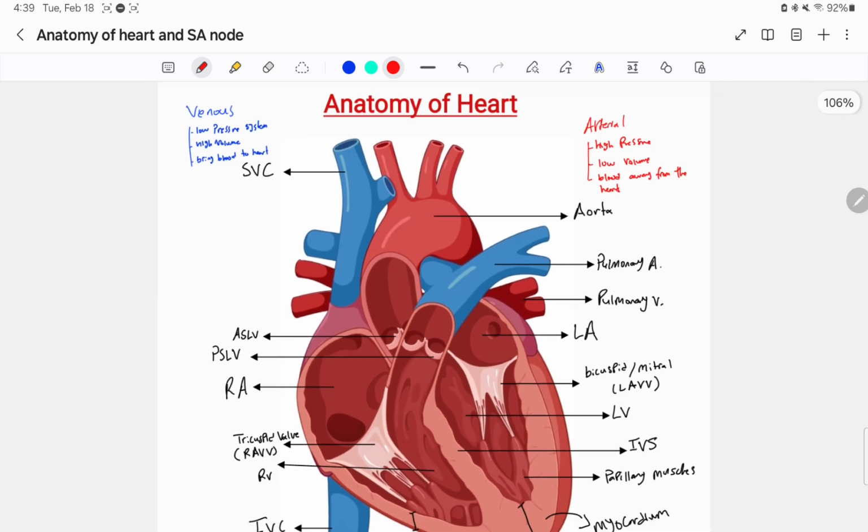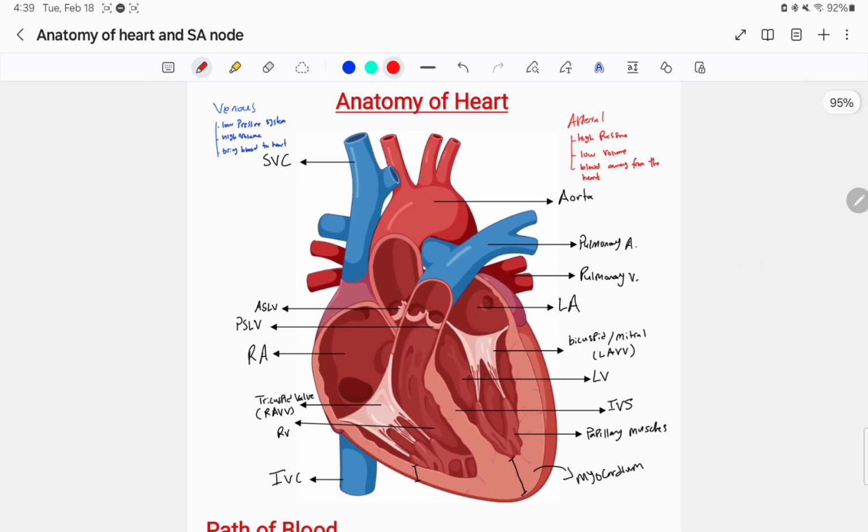Awesome. Now, here's the thing, guys. A lot of you may have heard that the arteries carry oxygenated blood and the veins carry deoxygenated blood, and that's the way you characterize these. A lot of people will get confused when we talk about the pulmonary artery and the pulmonary vein, because the pulmonary artery, despite its name, is carrying deoxygenated blood, while the pulmonary vein, despite its name, is carrying oxygenated blood.